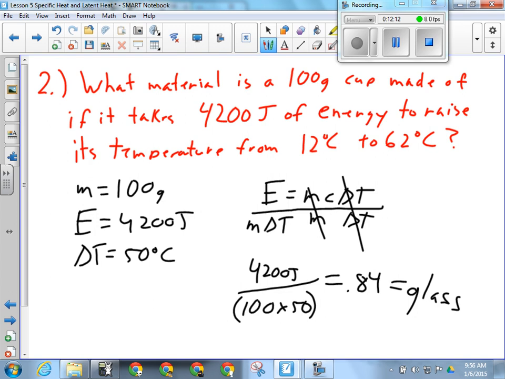What are the units for this 0.84? Joules per gram degree Celsius. Is that one making sense to everybody?